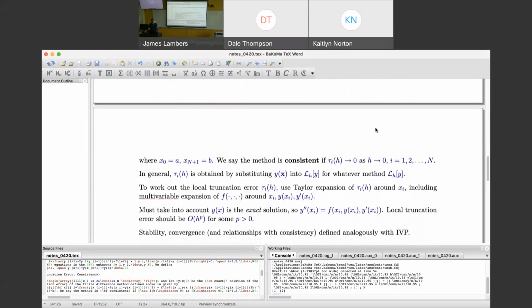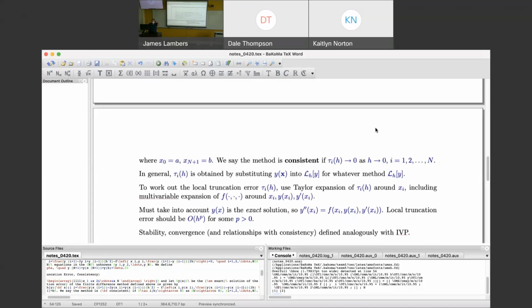What about stability? Recall that for initial value problems, the numerical method is stable if it can be proven that for any two computed solutions that the numerical method can generate, the difference between them over time is bounded by some constant times the difference in the initial data.